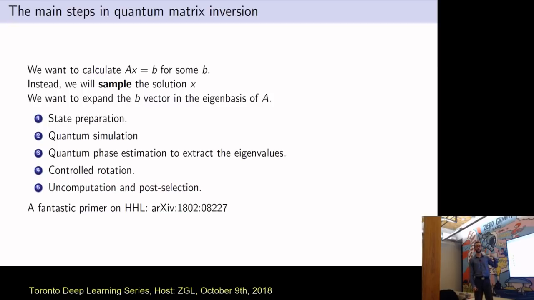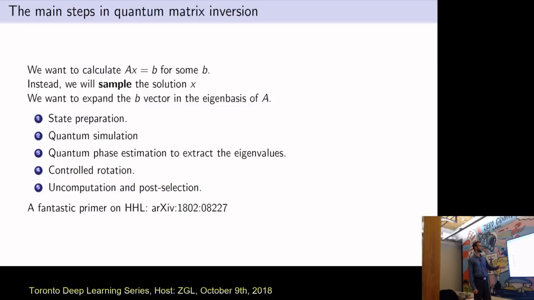And so first we have to do the state preparation for b. Then we have to do a quantum simulation of A. We're going to see in a moment what that is and why we need that. Then we do a quantum phase estimation, which is a technique for extracting eigenvalues, or you can think of it as converting between different ways of representing information.